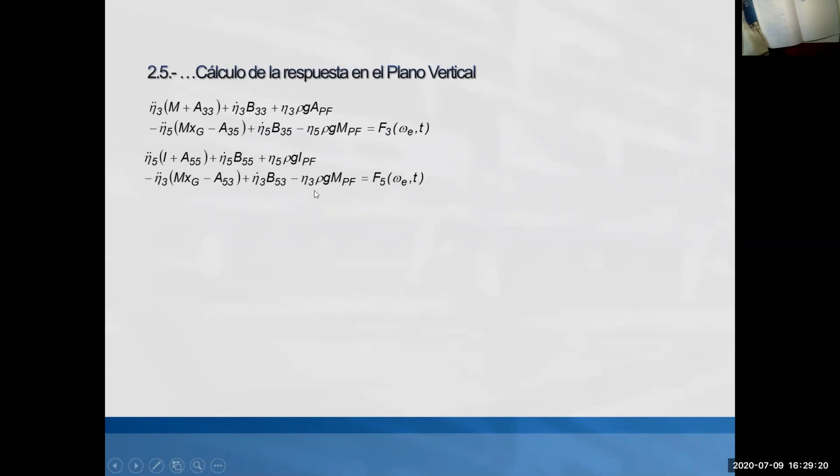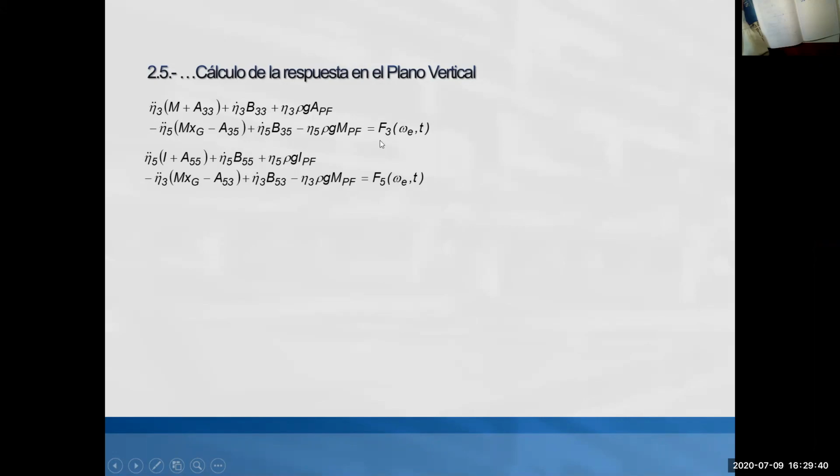Okay, here we have rewritten, and we have located all the terms which depend on eta 5 or eta 3 on the left. This is the equation for the heave, this is the equation for the pitch.